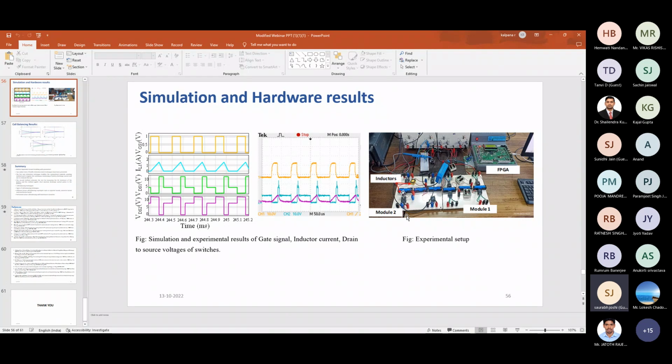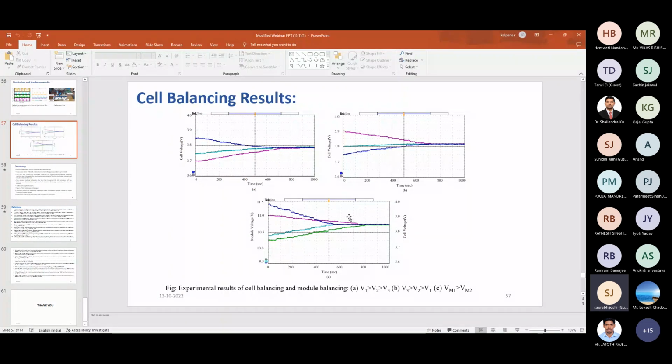So there are three modes where you can balance the battery: when it is charging, when discharging, and in the standalone condition also. We have tested initially for open circuit. You can see these results show that we balanced with the initial cell voltage; only open circuit voltage we have tested.